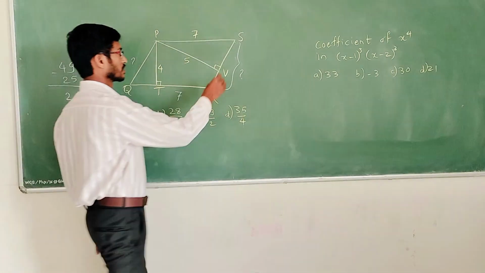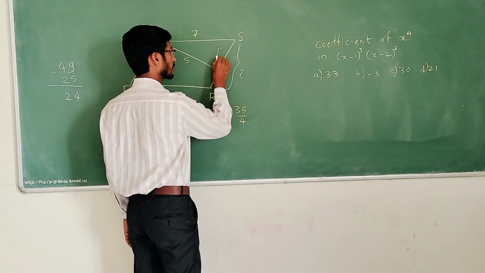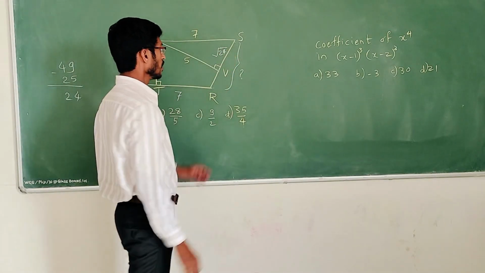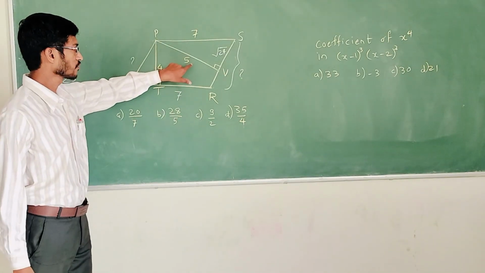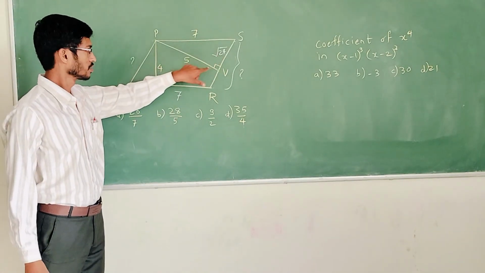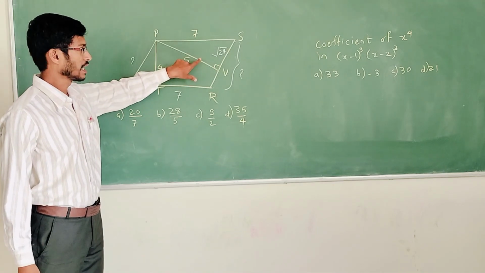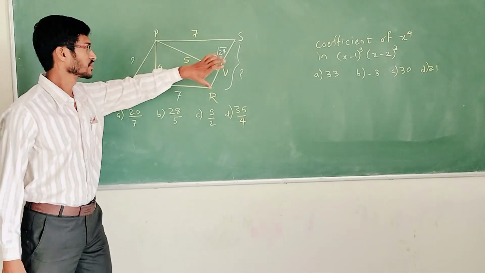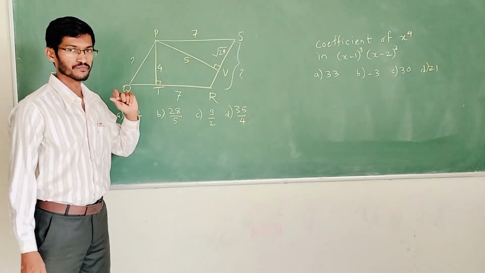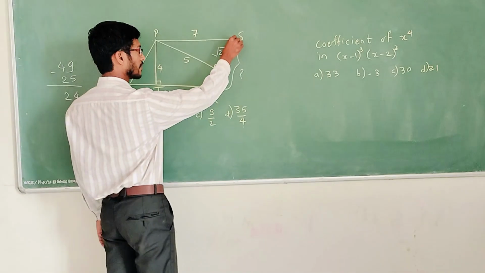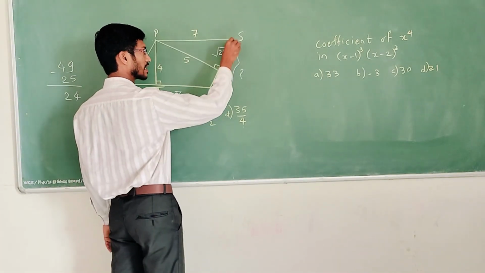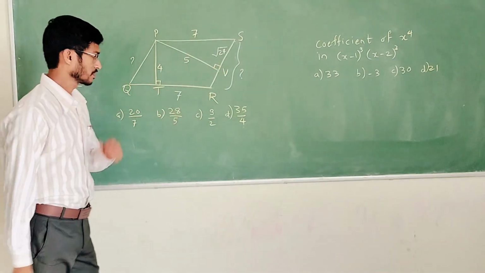So the distance of this is equal to root 24, which is close to 5, because you can see the square root of this is 25 and the square root of this is 24. So it is just smaller than this PV. Now I have to check the options, because if SV is this much, then SR must be more than that.